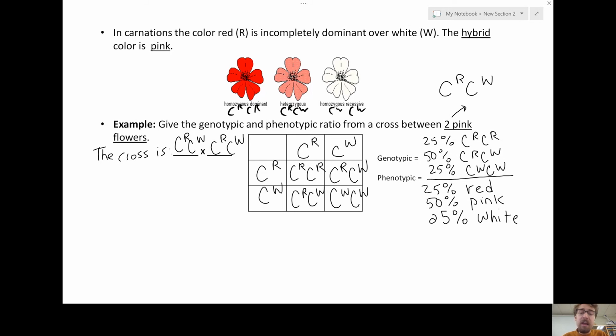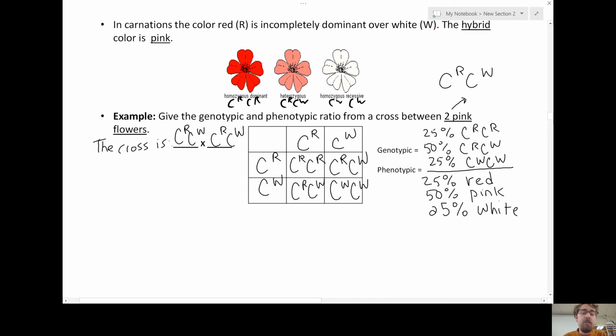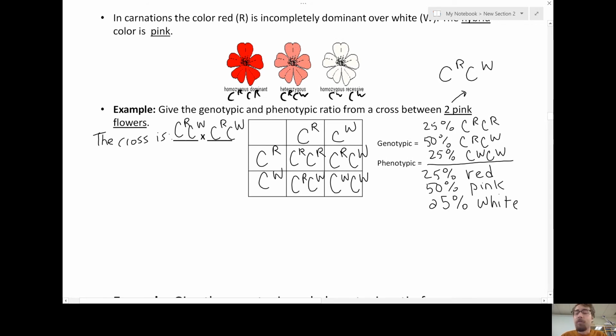And we can still calculate some genotypic and phenotypic ratios from that. So with our genotype, we end up with 25% C^R C^R. Half of them are C^R C^W, so half will be pink. And 25% C^W C^W, so a quarter will be white, and the remaining quarter will be red.